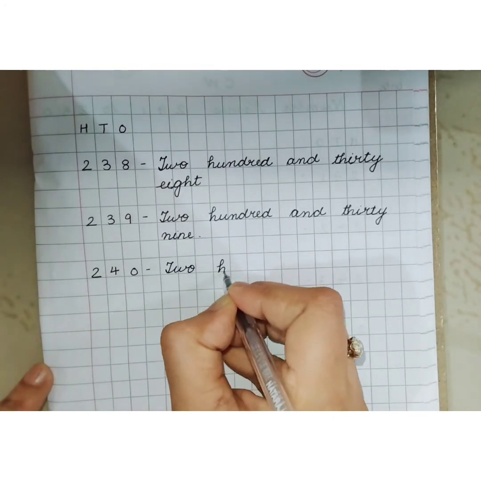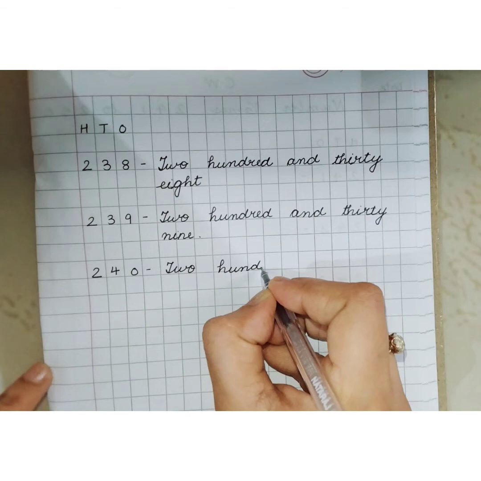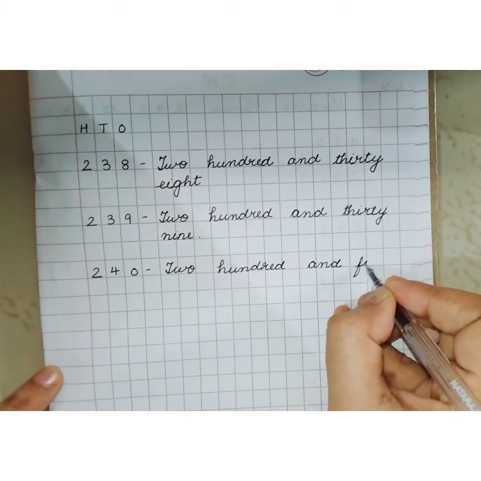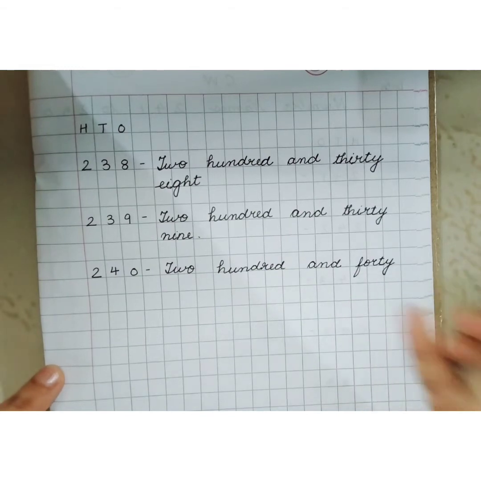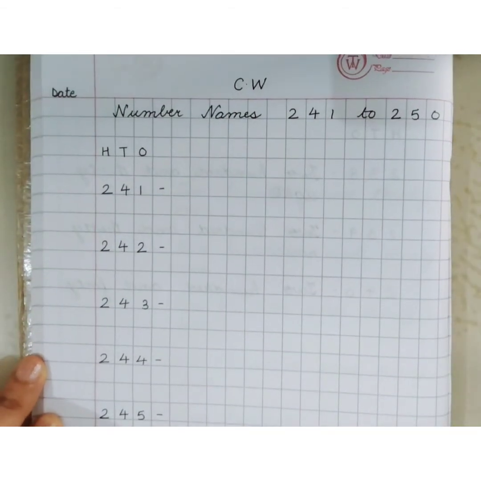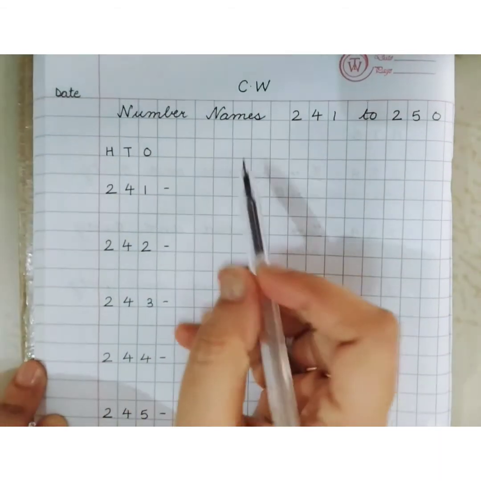And the last one is 240. What is the spelling of 40? F-O-R-T-Y. Please do not confuse it with 14. Spelling of 40 is different. Now we will move to next set of numbers.